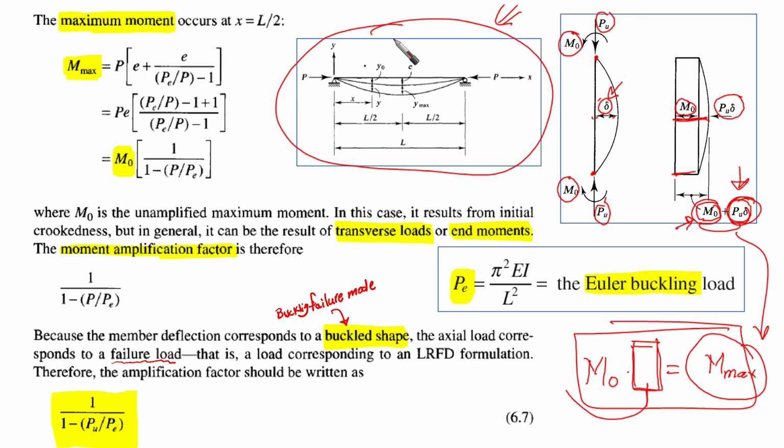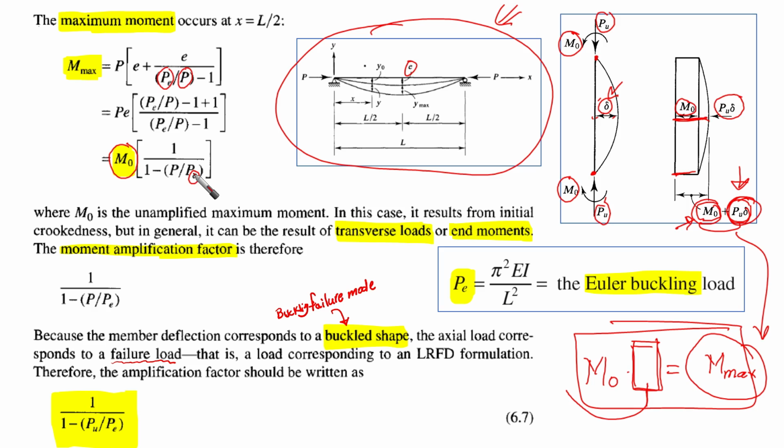We found from the derivation of the differential equation and so on, that M maximum is going to be like this: M node times this amplification factor. From the derivation, taking into consideration the eccentricity, the Euler loading, and the P, the original loading, after rearrangement we found that at the end we have 1 over 1 minus P over PE.